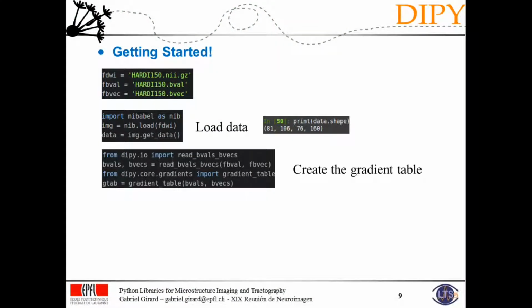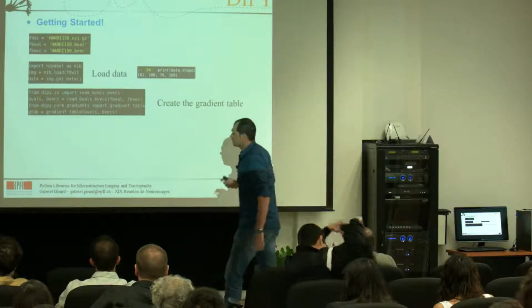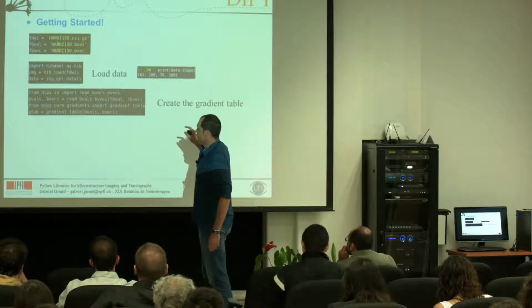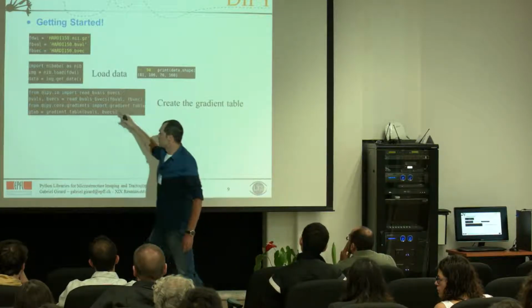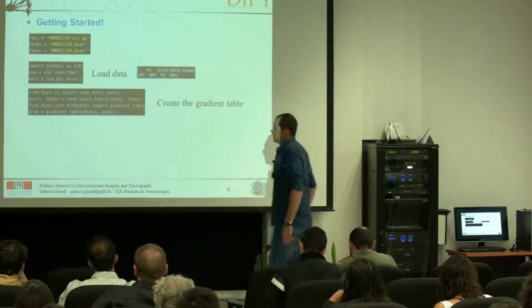If you don't have any images yourself, you can get example data from DIPy if you just run this example. Actually, sorry, this is to get the gradient table. Now, with this line, you create essentially the gradient table that describes the diffusion data, so you can use it then to process the DWI.